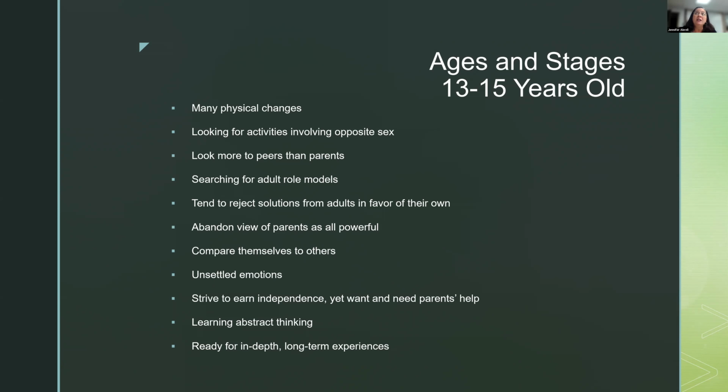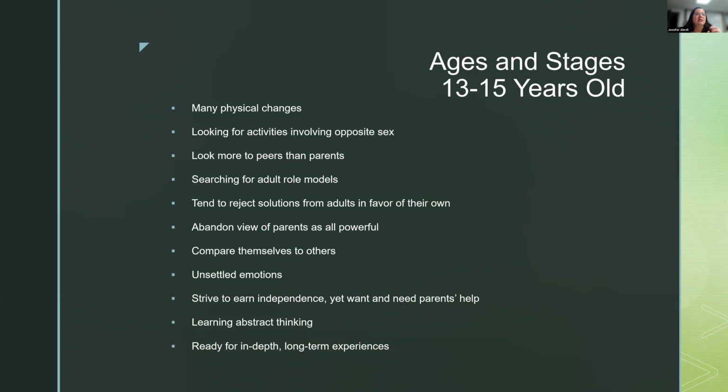So there's a lot of physical stuff going on in this age group. And especially we're going to see this in girls, because they're maturing physically a lot sooner than boys typically, remember. So there's going to be a lot of physical changes in this age group, which affects those other things, right?